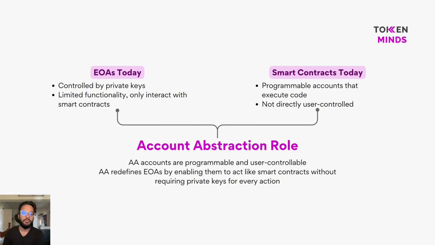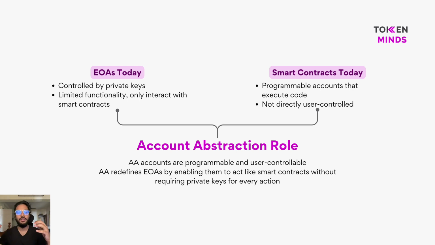Now, what is the role of account abstraction? Externally owned accounts are always controlled by your private keys. They have limited functionality, for example, they can only interact with smart contracts. Accounts made on wallets like MetaMask are called EOAs. Then there are smart contract accounts, which only execute code and cannot be directly user controlled.